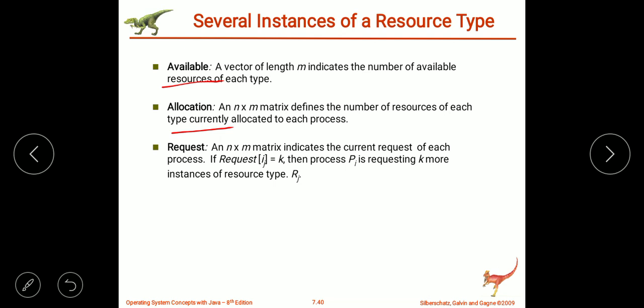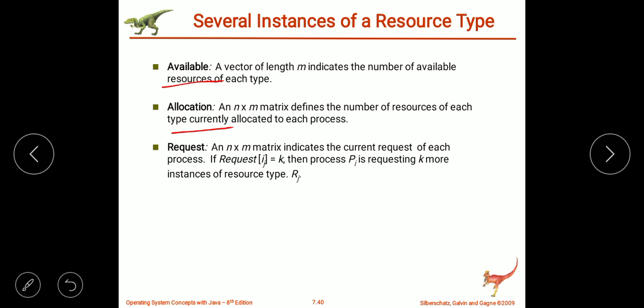Available and allocation were also there in Banker's algorithm. One extra data structure here is request, instead of need. What is that request? This indicates how many instances are currently requested by the process. Means now, at present, the process is requesting how many more instances.